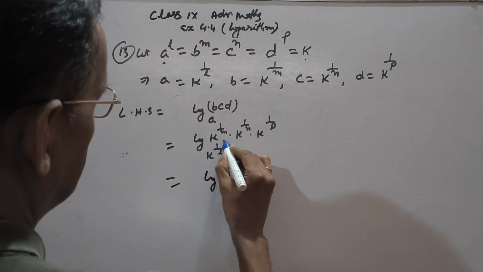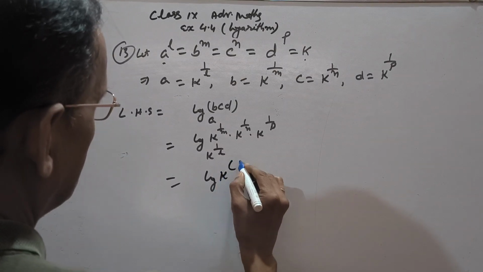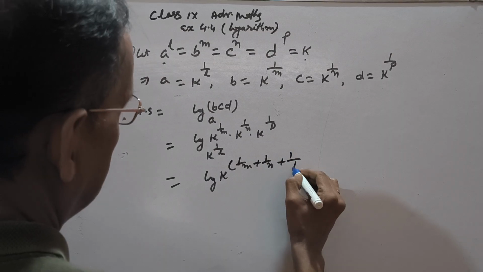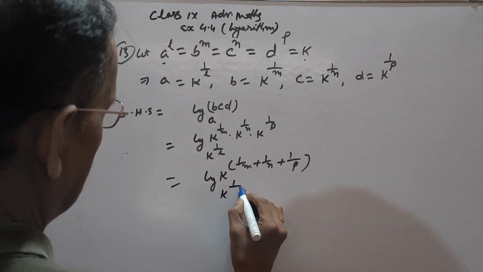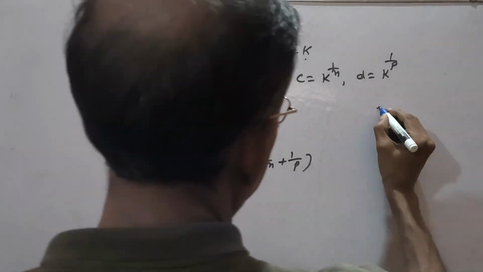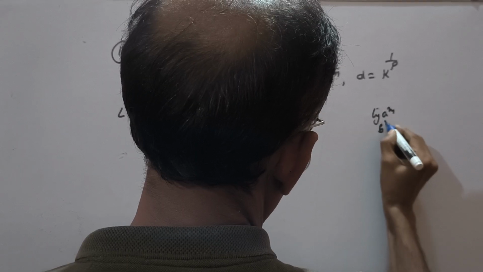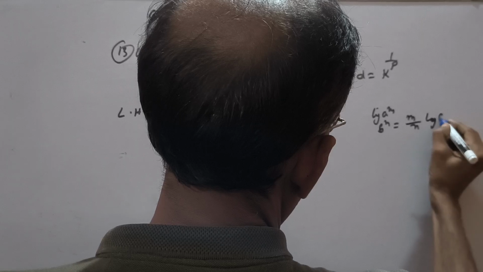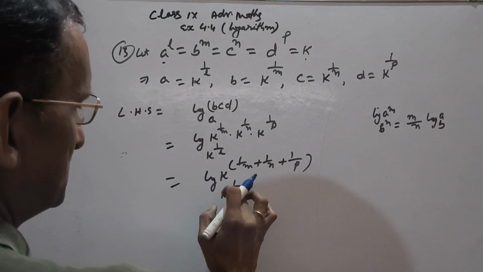So see, the base is same, and into the power we get K to the power 1 by M plus 1 by N plus 1 by P, and here base is what? K to the power 1 by L. Again this formula, see, log a to the power m to the base b to the power n can be written as m by n log a to the base b. That's here, same thing now.